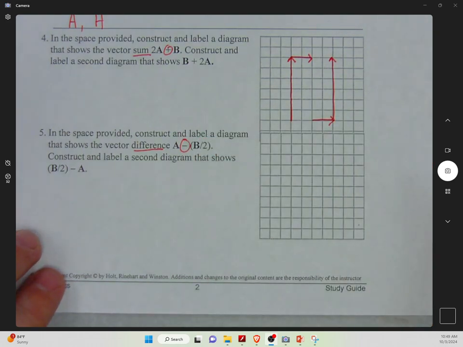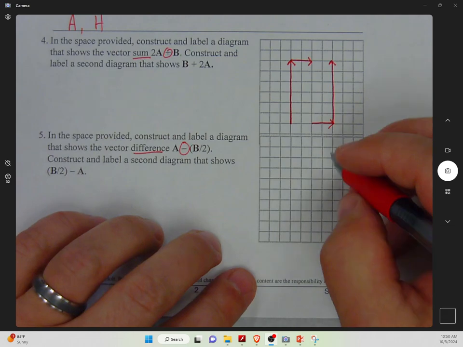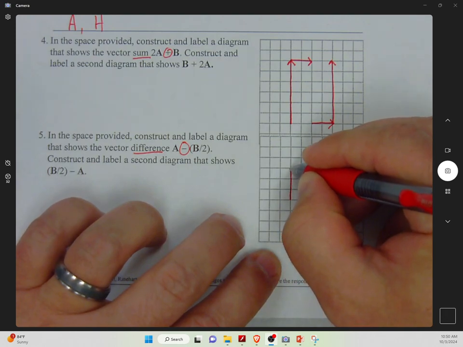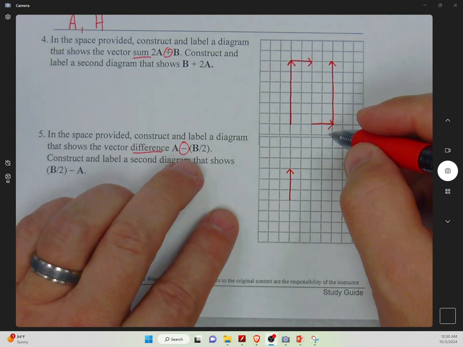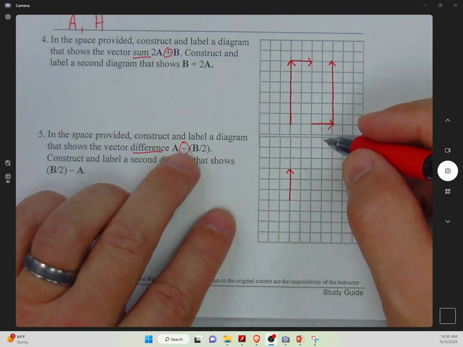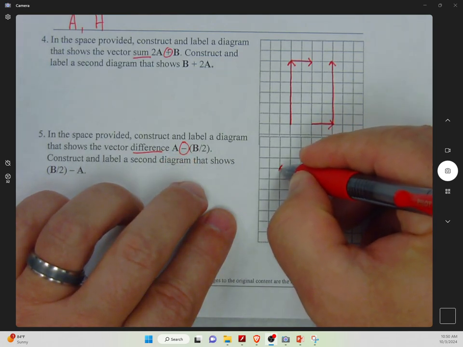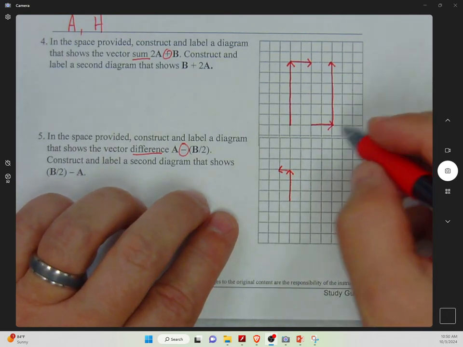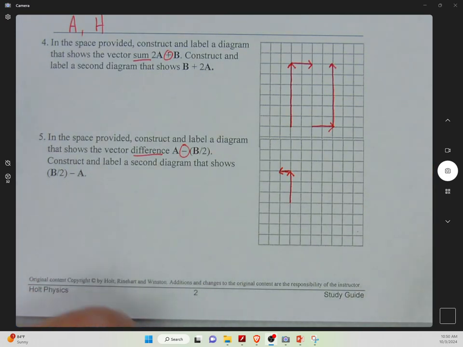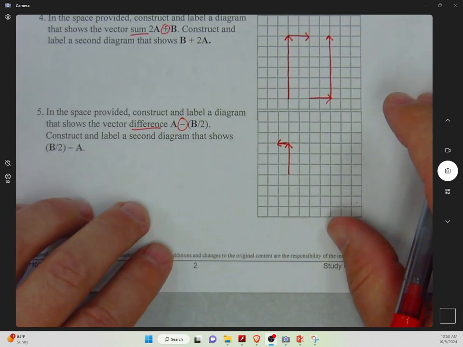A minus half B. All right, so A, start here, go up 3. There's my A. But I'm subtracting now, so I'm changing the direction of B as well as halving its magnitude. B was moving to the right before, but because it's a difference, I'm going the other direction. B also has a magnitude of 2, but since it's half of B, I'm going to move 1.